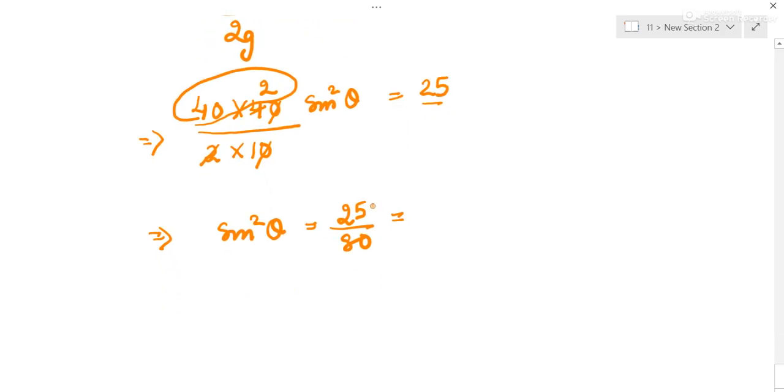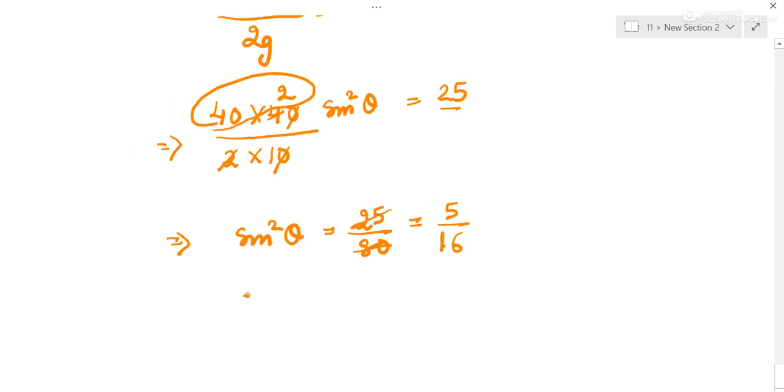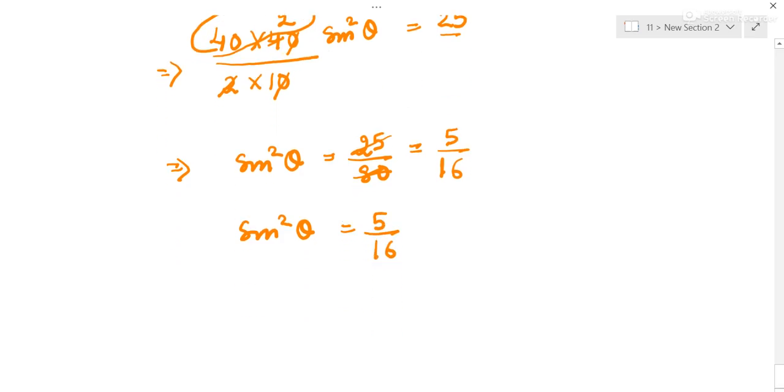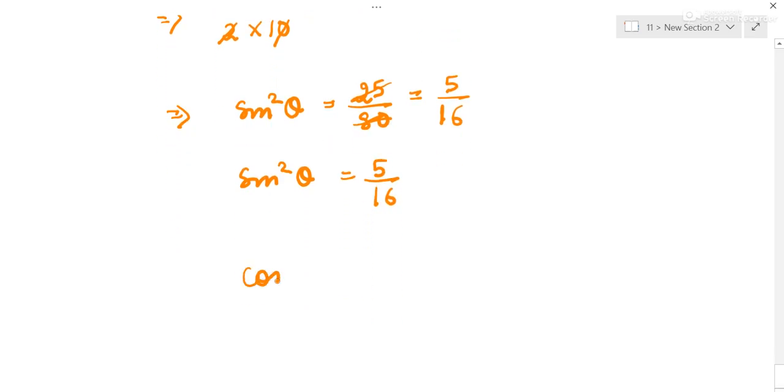So 5 by 16, or you can say approximately it is 5 by 15. Let it be. So we are ready with the value of sine square theta, which is 5 by 16. If we know sine square theta, we can find cos square theta. Cos square theta is 1 minus sine square theta, you know it.